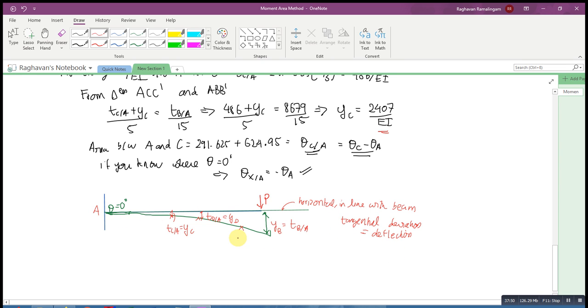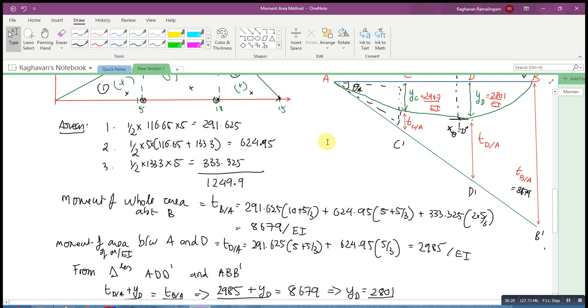So you just need to find out the areas with the BMD and you can directly get, and also the convenience is since theta A is equal to 0, if you get theta CA or theta DA by doing the areas of M by EI, you will get directly theta C or theta D, since theta A is 0. So you have this convenience if it's a cantilever beam.